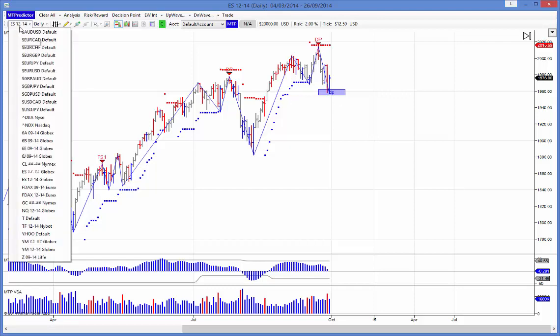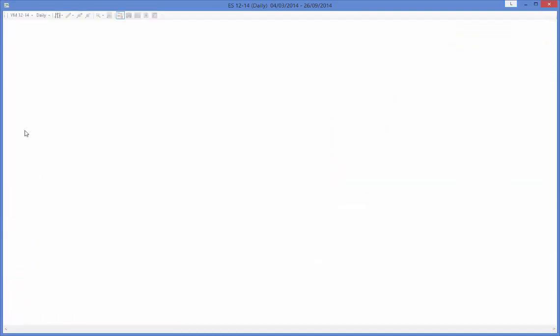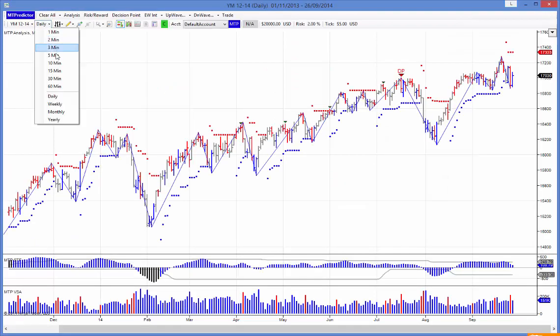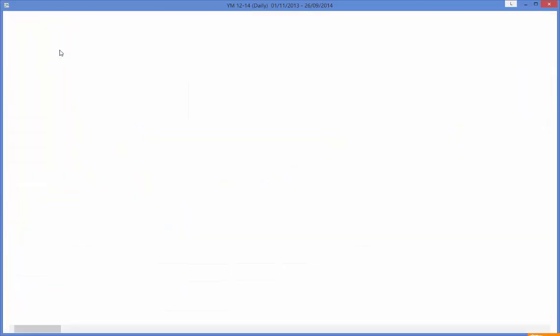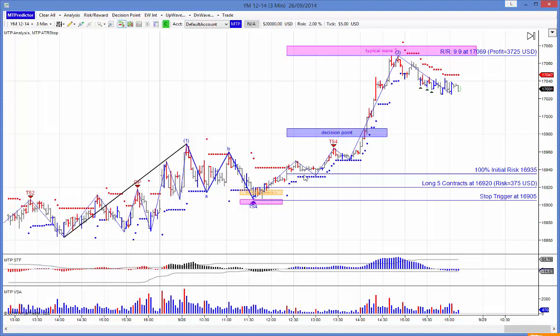So hopefully this has been a good example to show you what is possible with the MTPredictor software program, and just to give you a little indication of how it's best used. It's not best used just to trade the automatic setups blindly, although that's what we suggest when you first come into the software, just to find your feet, just to get used to discipline, risk control, and our position sizing that we use.